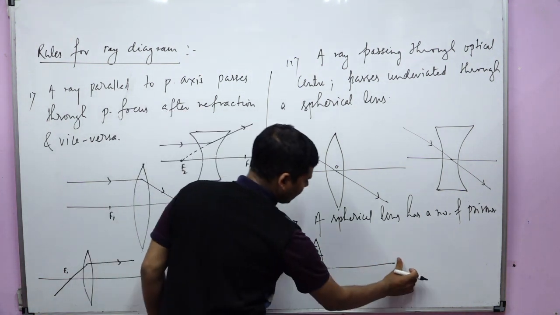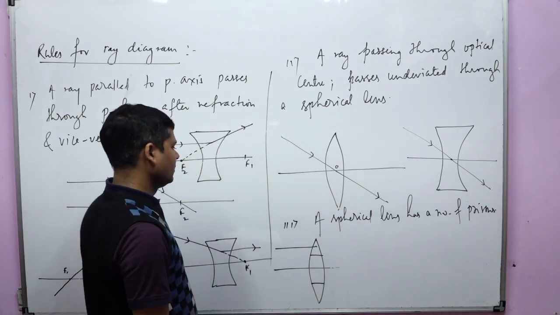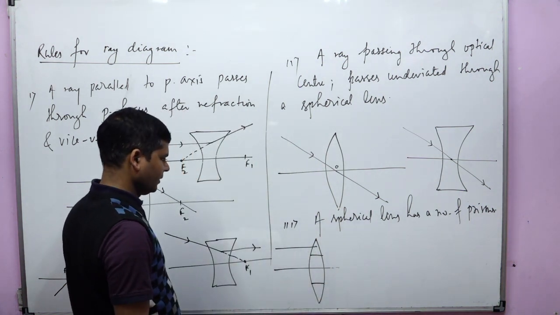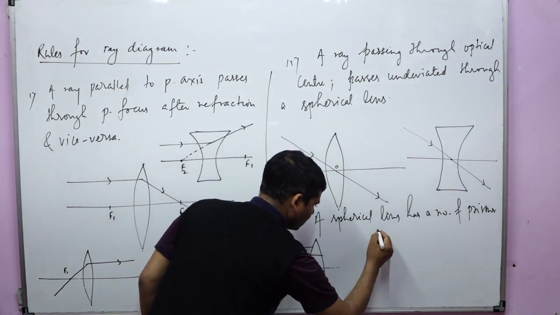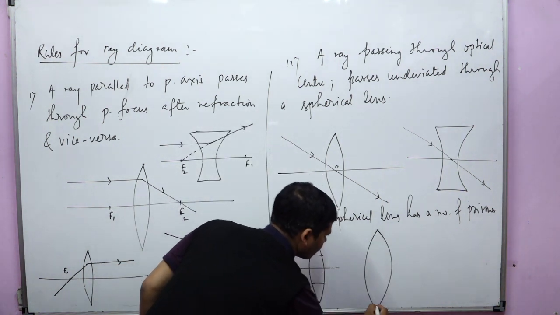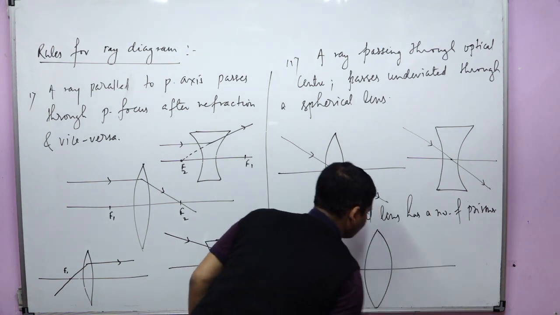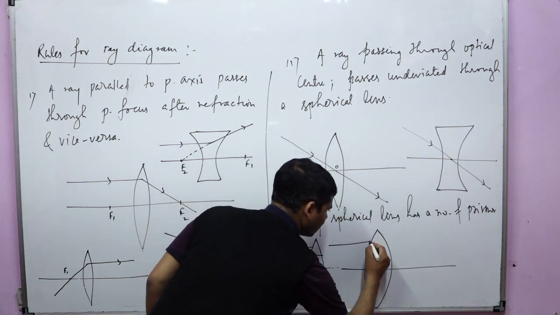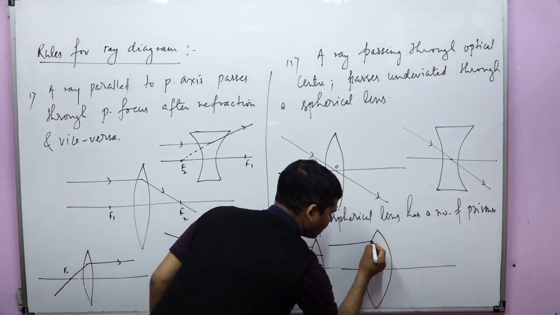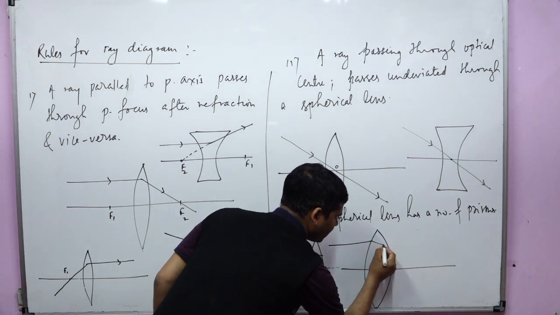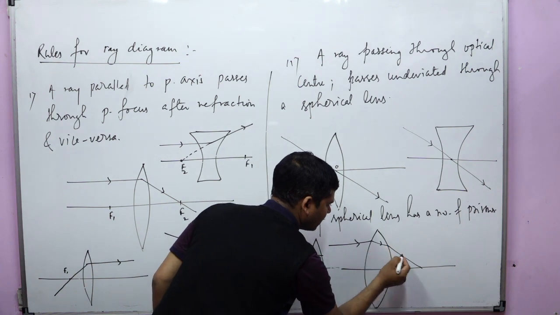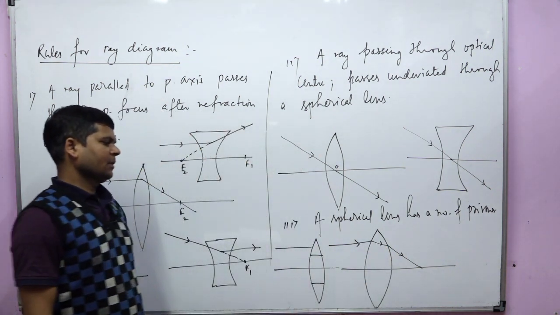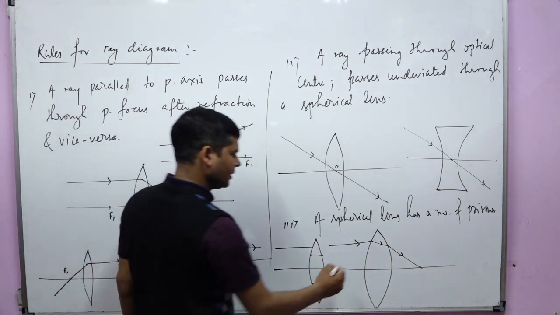If I magnify this one to make it very clear: first the rays come, they bend, and they bend further and they meet at the principal focus. So it is behaving like a prism.